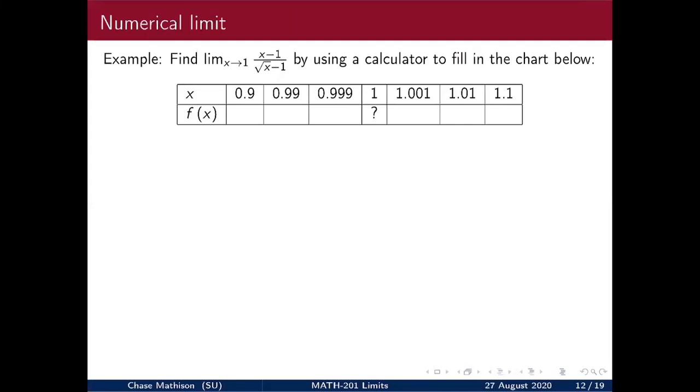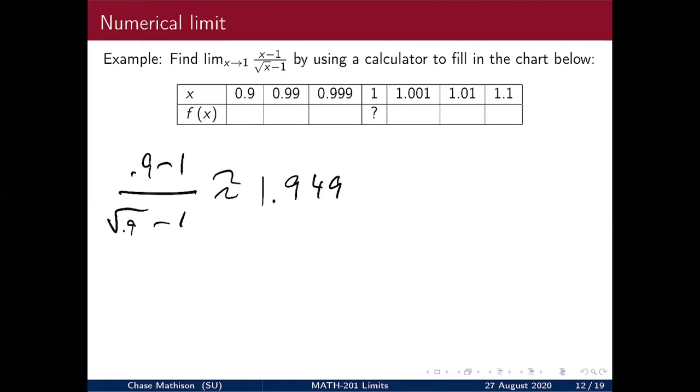If anyone has a calculator handy, they can follow along. I did these at home before. 0.9 minus 1 over the square root of 0.9 minus 1. When you round that to 3 decimal places, if I remember right, you get 1.949-ish. If anybody also at home has a calculator, you can check me. Everybody check me.